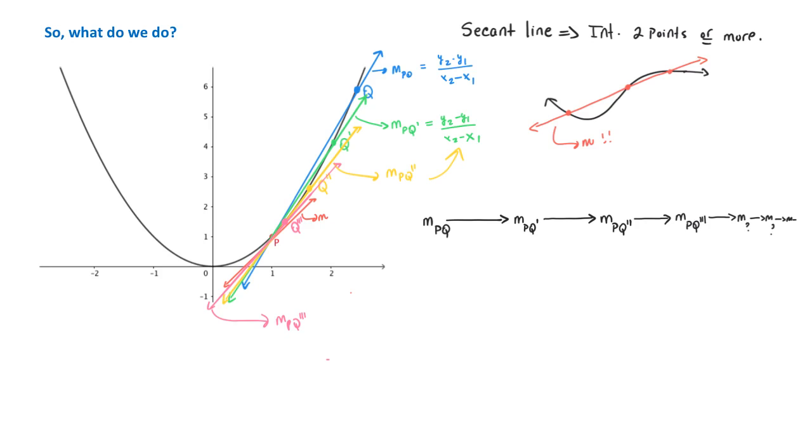So see, what we did here was we chose a random point Q on the graph and calculated the slope. But this point was too far from P. So then we started choosing points Q prime, Q double prime that were moving closer and closer to P. And we calculated the slopes of those secant lines.